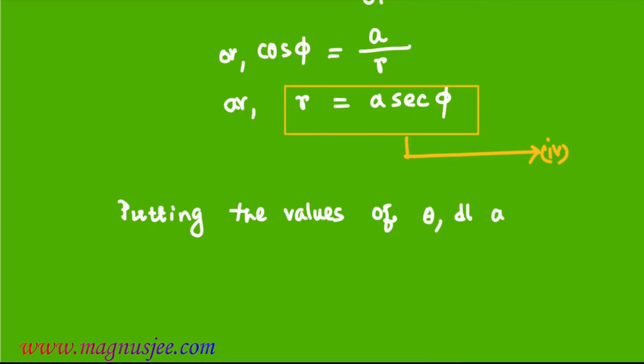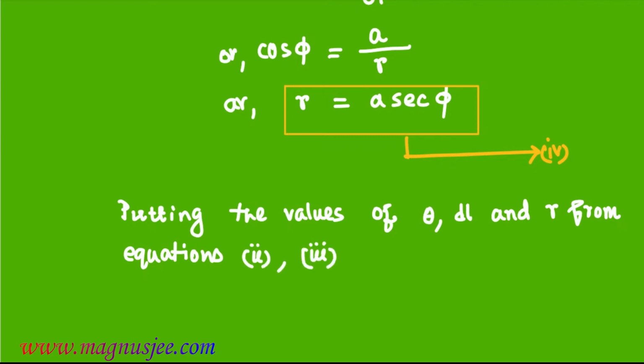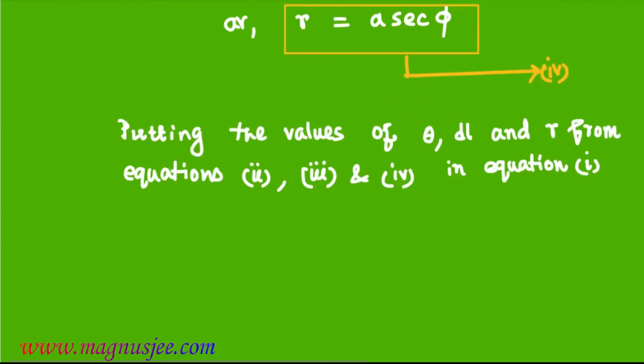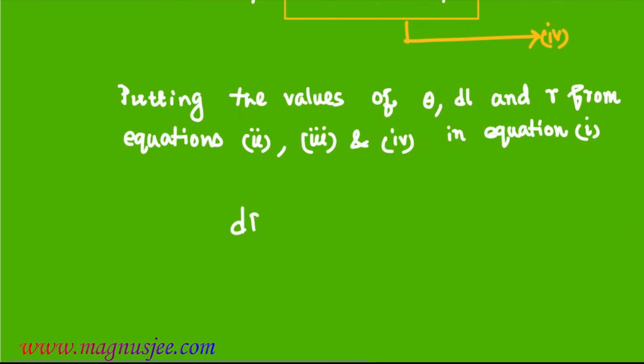Putting the values of theta, dl and r from equations 2, 3, 4 in equation 1, we get: equation 1 was dB equal mu 0 by 4 pi I dl sine theta divided by r square.